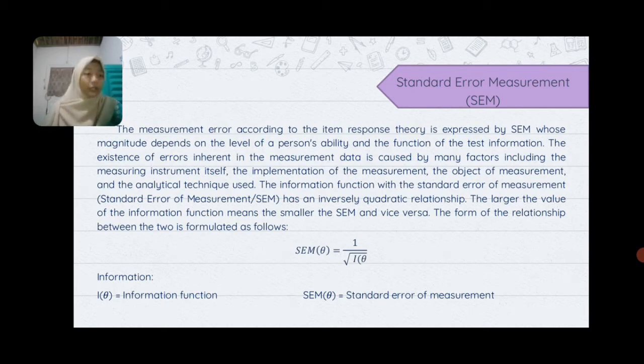The information function and the standard error of measurement have an inversely quadratic relationship. So the larger the value of the information function, the smaller the SEM, and vice versa. The relationship between the two is formulated as follows: SEM(theta) equals 1 over the square root of I(theta). For your information, I(theta) is the information function and SEM(theta) is the standard error of measurement.